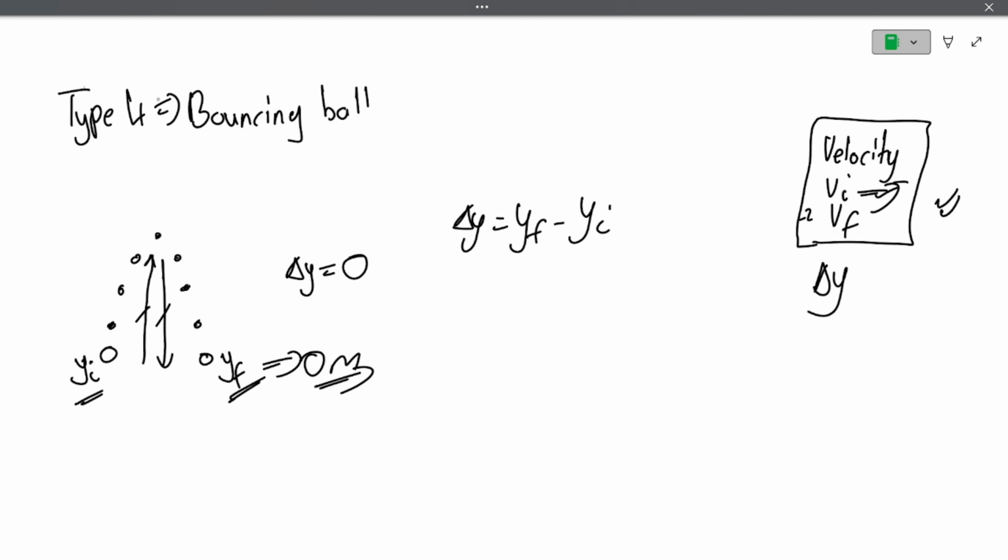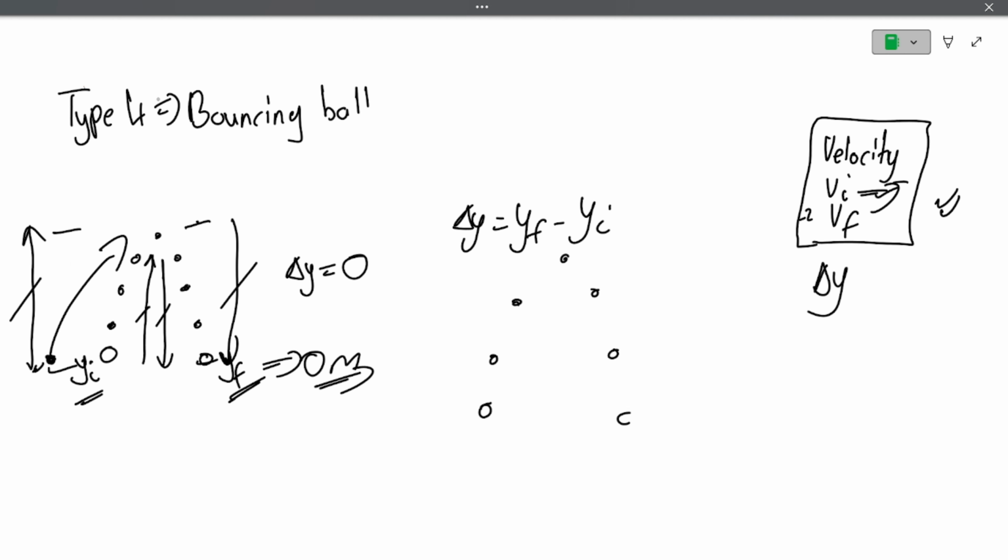But sometimes they don't ask for the displacement of the whole motion. They will ask you, from where the ball bounces off the ground to the maximum height, what is the displacement? Because now we are only focusing on going up. We will calculate the height from here to here, but it will only be 0 if they say the displacement from where it begins to where it ends. That's when the one for going up will cancel with the one for going down. But if they say to the maximum height, that's when you can calculate it, because the height of going up is equal to the height of going down.